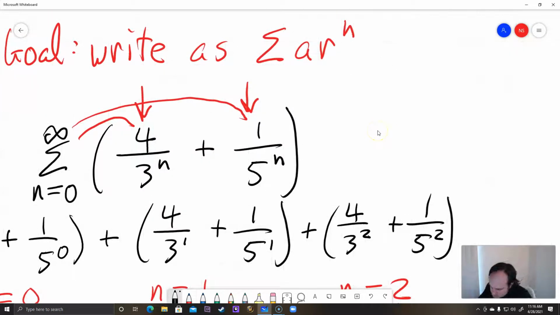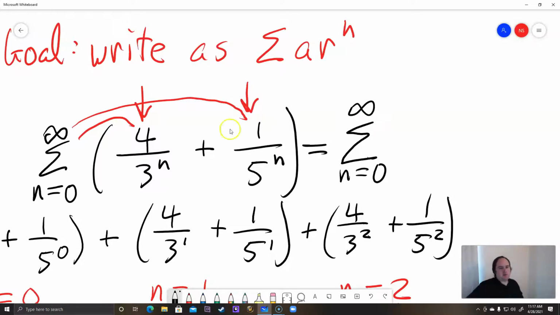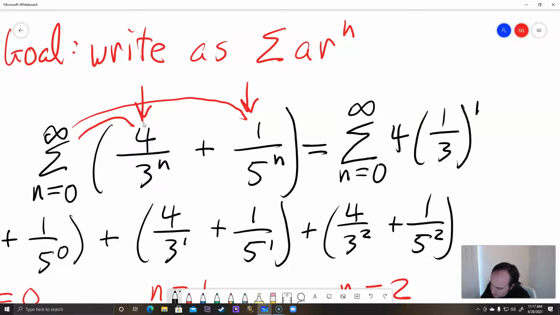After we distribute the summation symbol, we're going to write each of them as the sum of a times r to the n. So for the first one, notice that the 4 doesn't have an n in it, so that's actually going to be factored out front. So we're going to write the first one as 4 times 1/3 to the n.